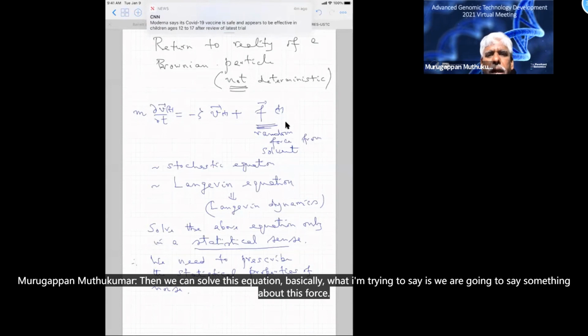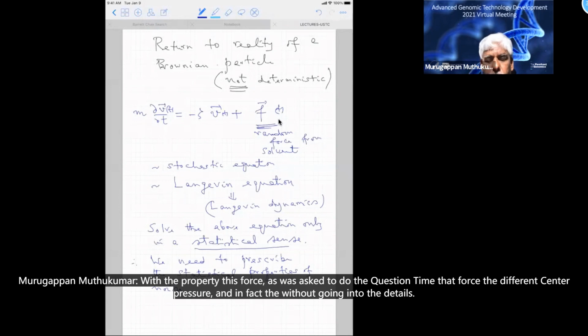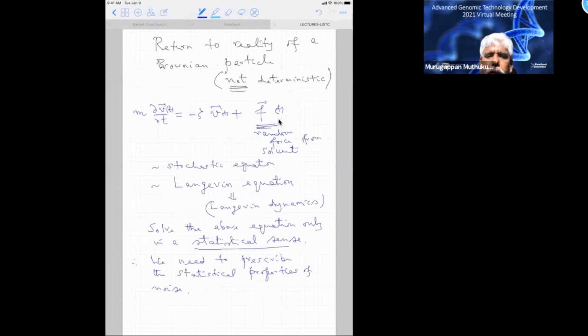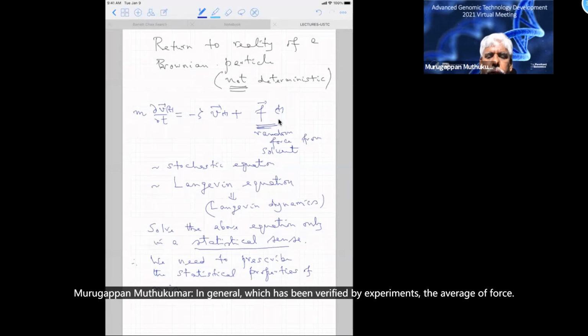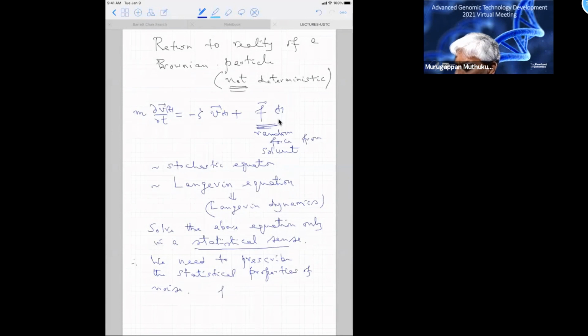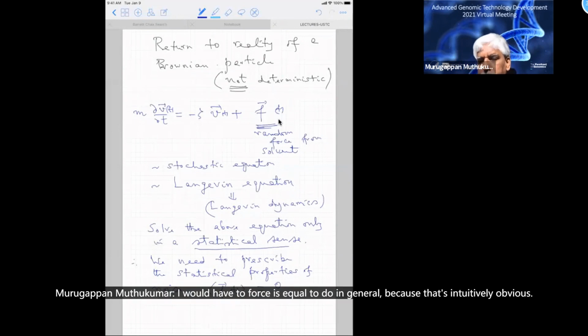Basically, what I'm trying to say is we are going to say something about the properties of this force. As was asked during the question time, that force depends on temperature. And in fact, without going into great detail, which has been verified by experiments, the average force is equal to 0 in general, because that's intuitively obvious.